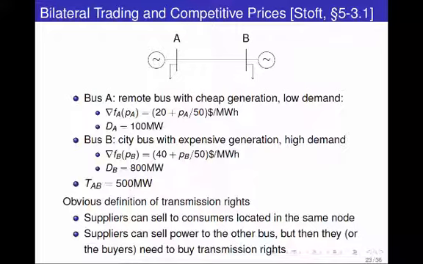Why? Because if they are producing 100 here for the market here and another 800 for the other market, they're producing a total of 900. That can be produced by the guy that is selling at 20 plus 900 divided by 50, that comes out to be 38.